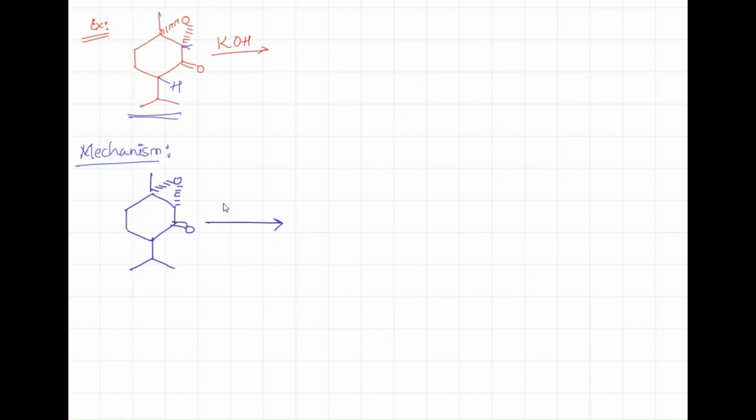So what is the role of the base? It will abstract the proton present in the alpha carbon. It will abstract the proton, right? It will form a negative charge, and here the epoxide ring is there with the ketone group, right?